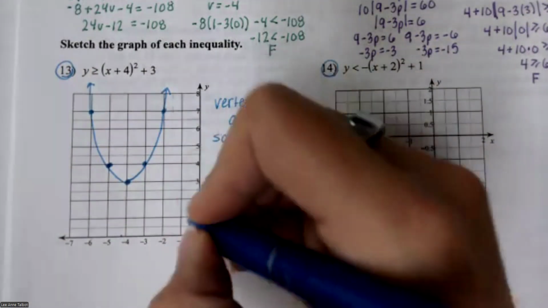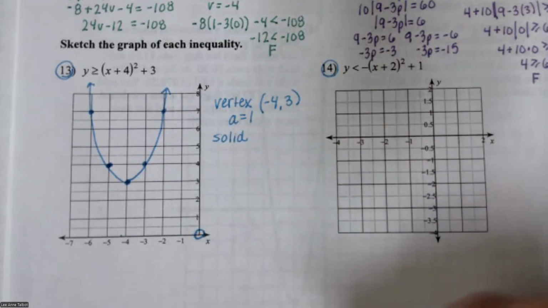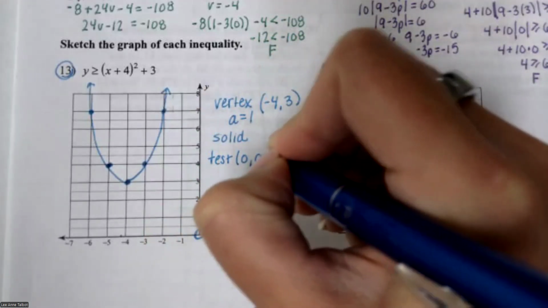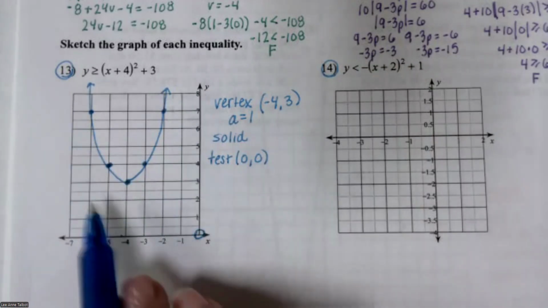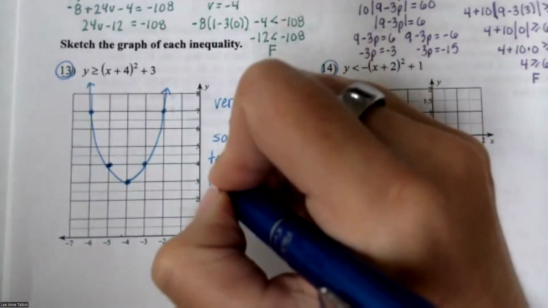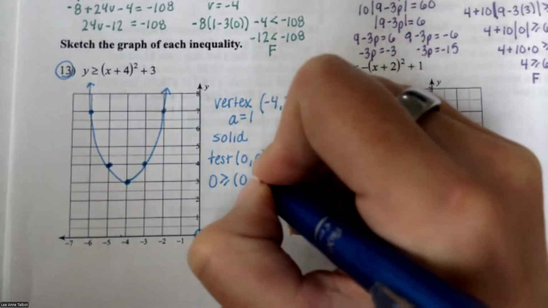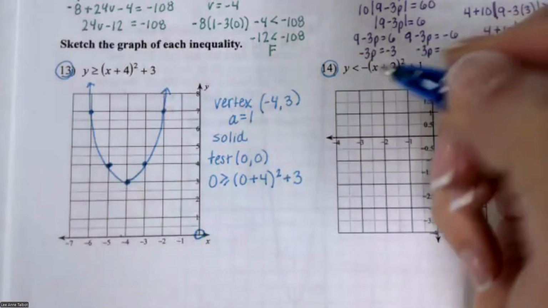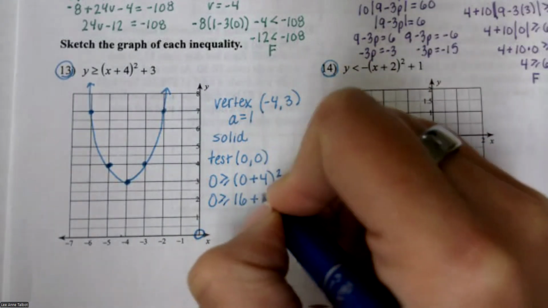Okay, next we're going to test 0, 0. 0, 0 is right here. I'm going to put a little visual marker there so I can see where I'm testing. And I can test any point I want as long as it's not on the parabola itself. 0 is greater than or equal to 0 plus 4 squared plus 3. 0 is greater than or equal to 16 plus 3.